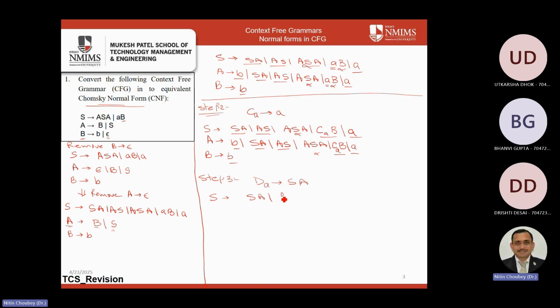S gives SA | AS | ADA | CAB | A. A gives b | SA | AS | ADA | CAB | A, and B gives small b.